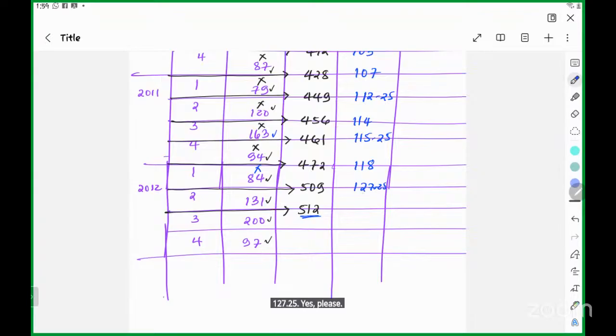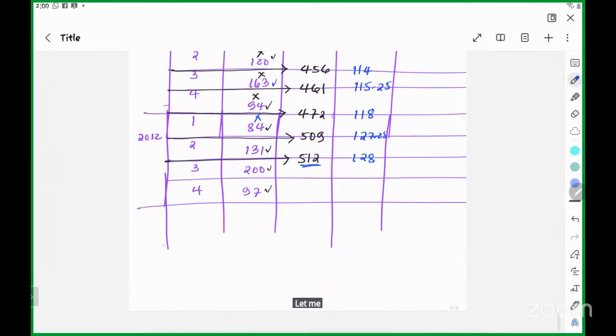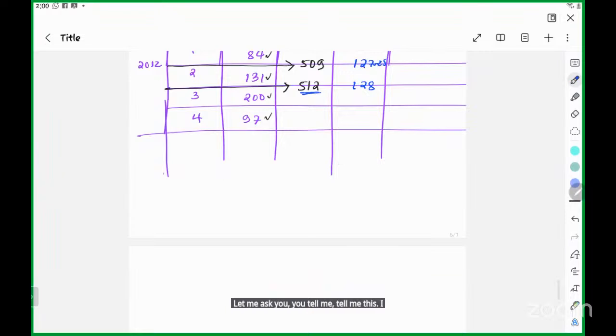I'm requesting your pardon on how they get the moving average. 128. Okay, let me ask you. I have scores as 50, 80, 90, and 75.